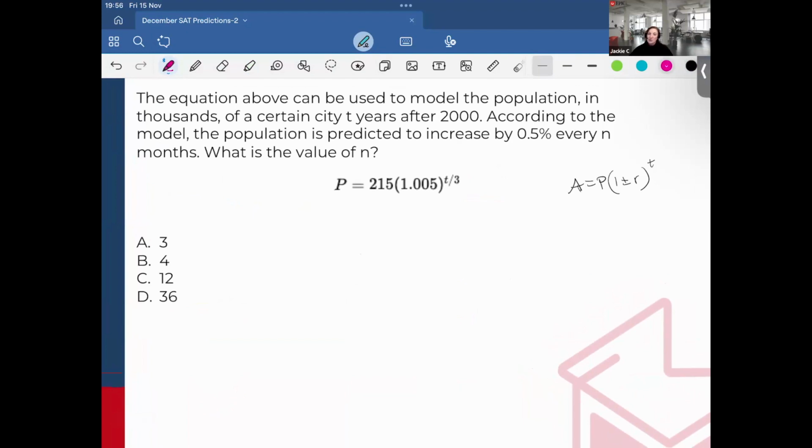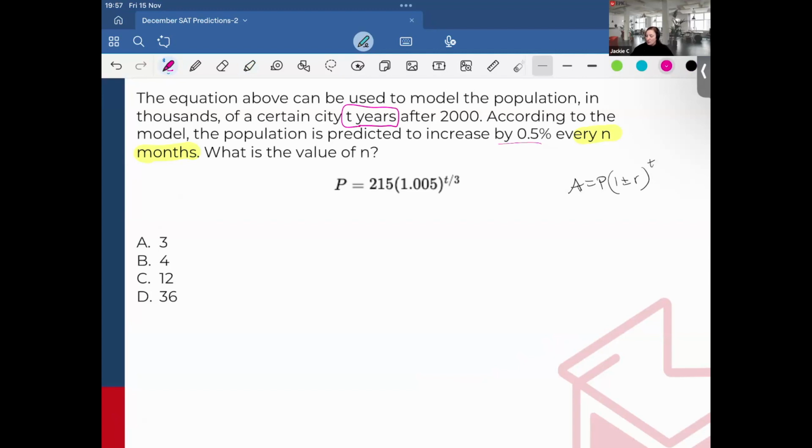Okay, so let's look at this one. It says the equation above can be used to model the population in thousands of a certain city t years after 2000. According to the model, the population is predicted to increase by 0.5% every n months. And then it says, what is the value of n?